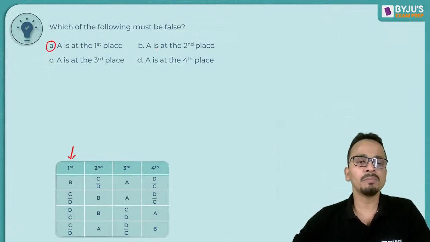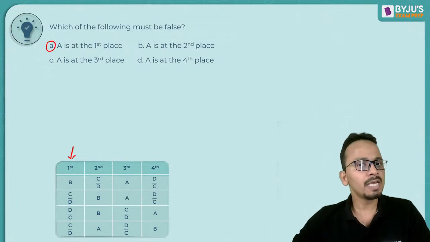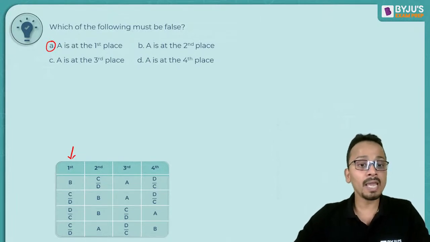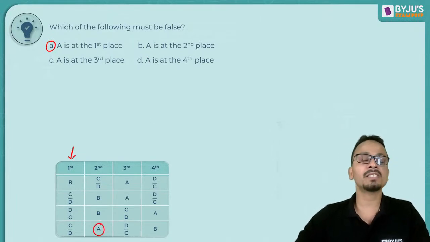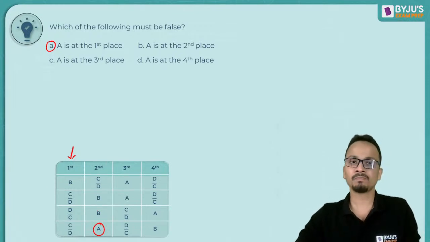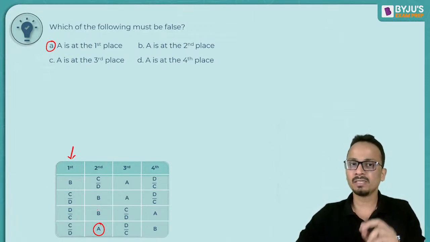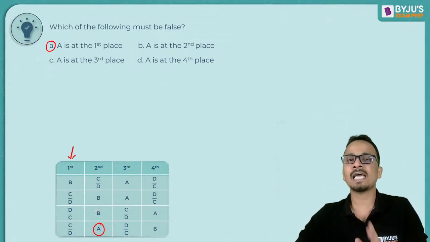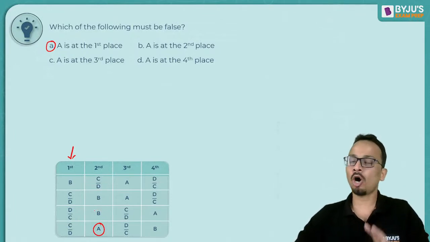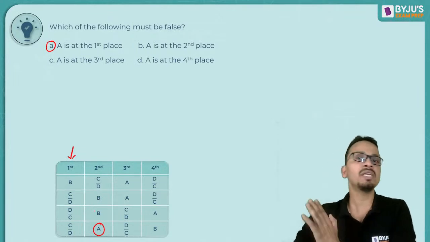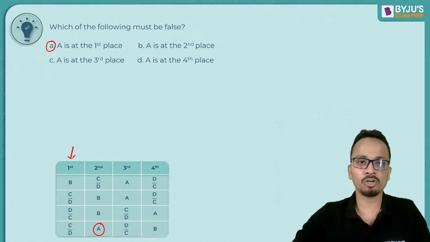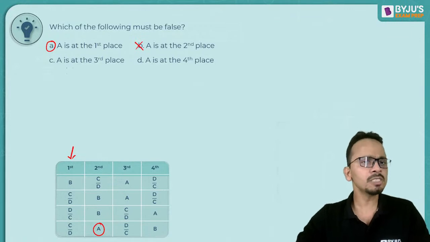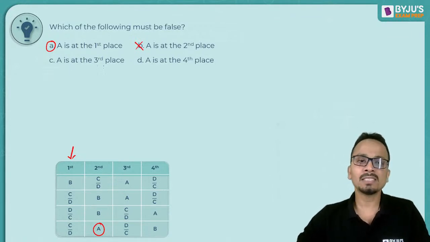I'm checking option B. Option B says that A is at the second place. Now A may be at the second place, A may not be at the second place. So option B will be either true or false depending upon the different cases that we are making. So option B will not always be a false statement, so it cannot be the answer. Option C, A is at the third place.